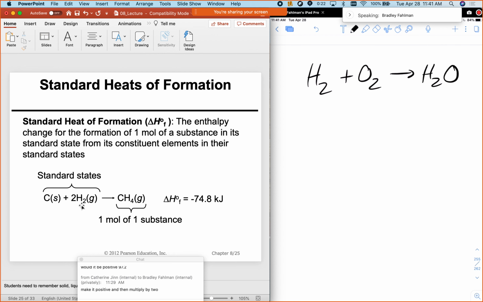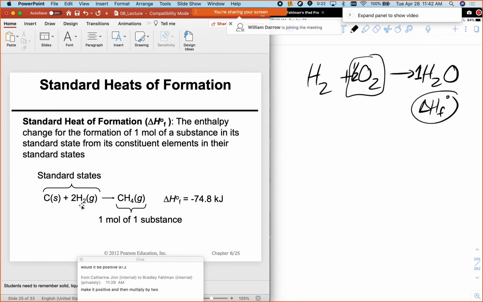So to describe forming water from its elements, the delta H of formation for water, you'd actually have to write it like this. To form 1 water molecule, you need a half of an oxygen here.